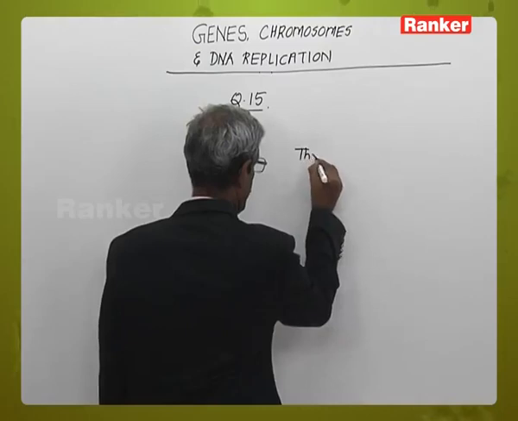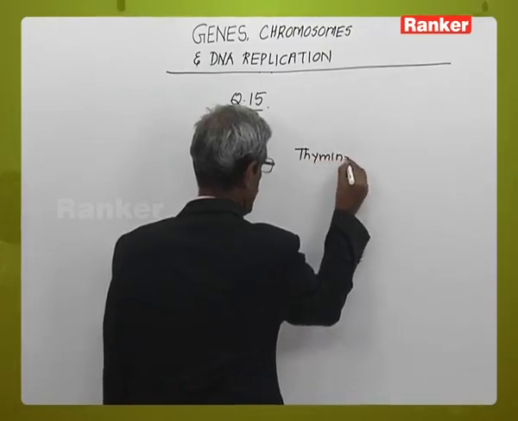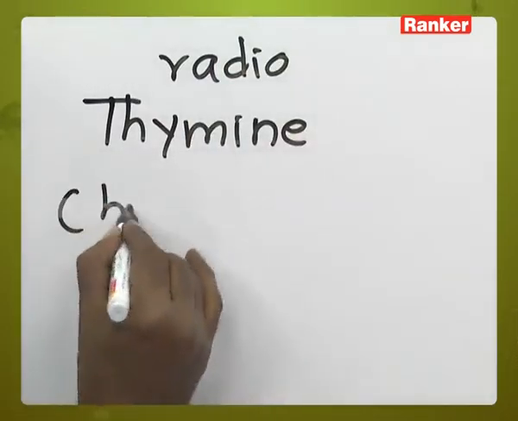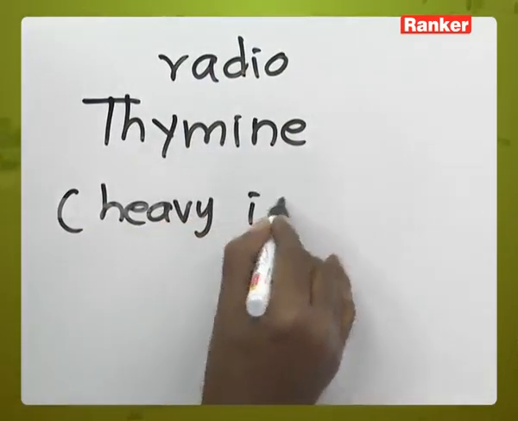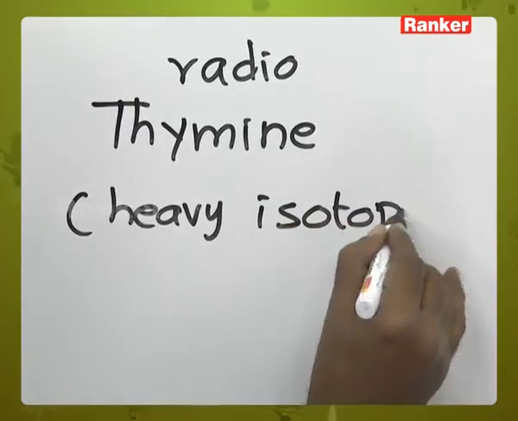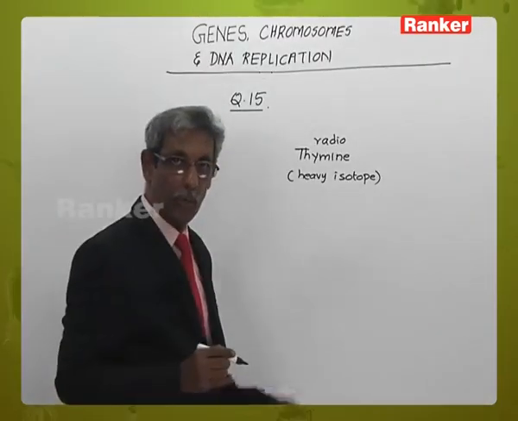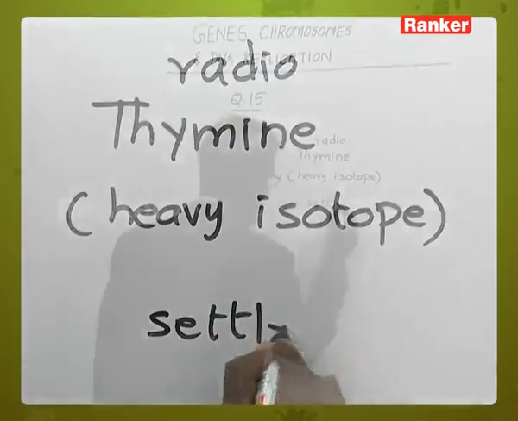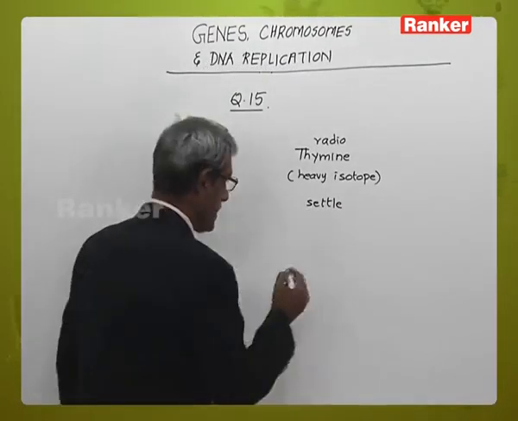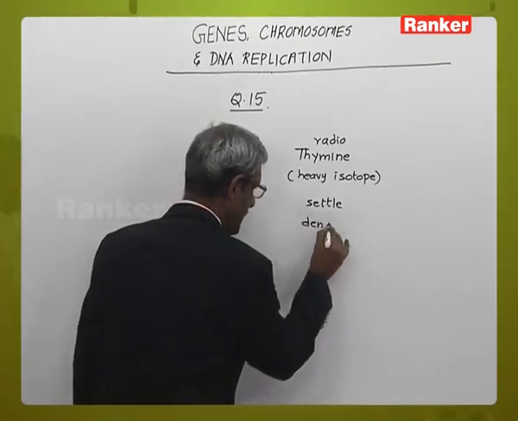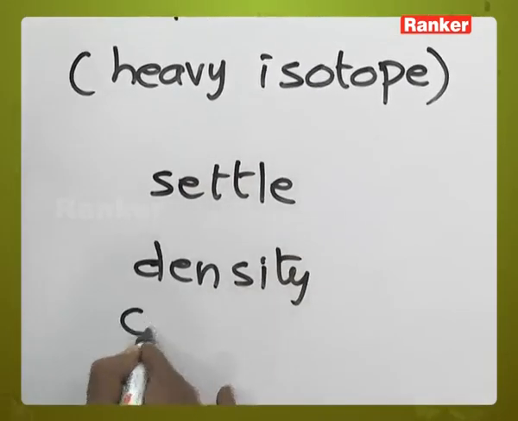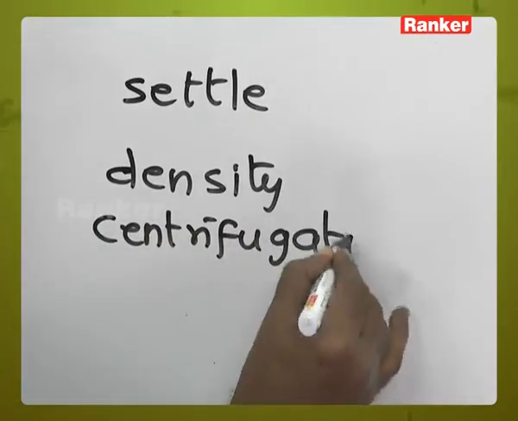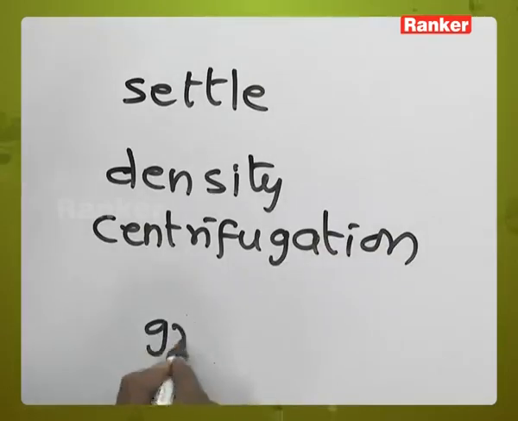the way it gets incorporated, is studied using a radiolabel technique involving a chemical compound called thymine. So, radiothymine is a heavy isotope. And the heavy isotope on centrifugation can settle. Because it settles, we can study it by a technique called density centrifugation, and it forms gradients.